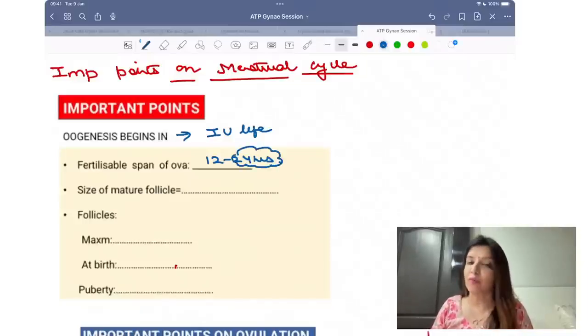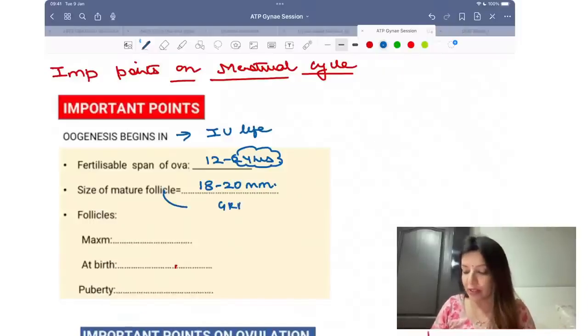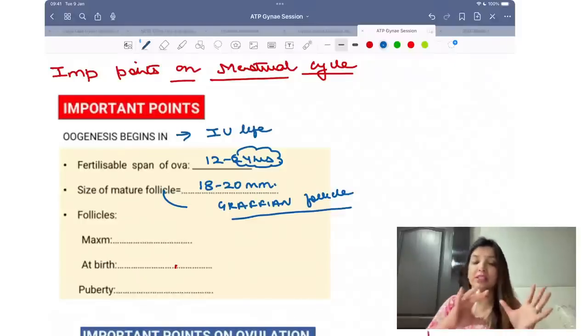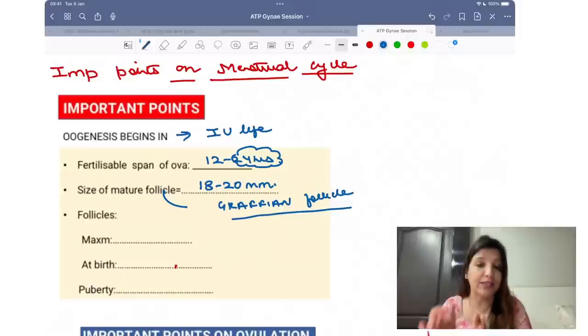What is the size of a mature follicle? Size of the mature follicle is 18 to 20 millimeters. Instead of writing mature follicles, the term Graafian follicles can also be written. Now, please remember there are various stages through which a follicle is going to pass so that it becomes a Graafian follicle. First, understand what is a follicle.